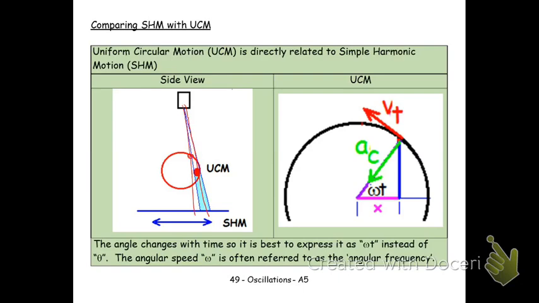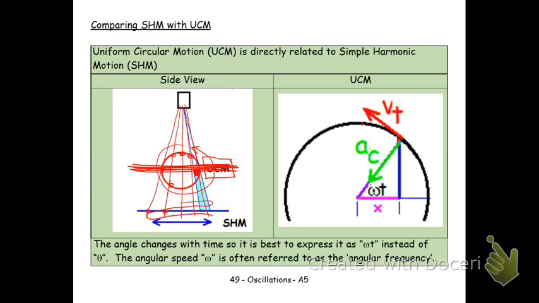They're in line with each other. So this is going backwards and forwards, and this is going round and round. So uniform circular motion. If I take the x component of uniform circular motion, I can describe simple harmonic motion perfectly.